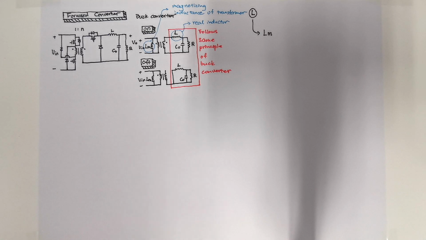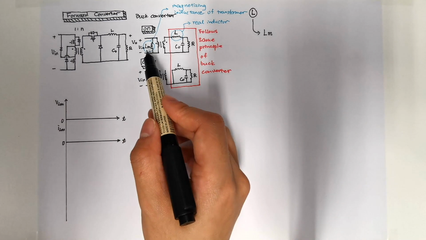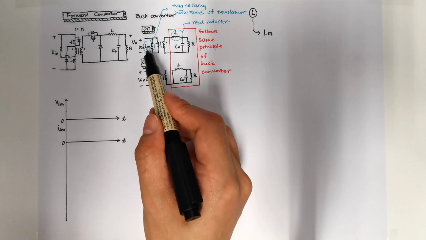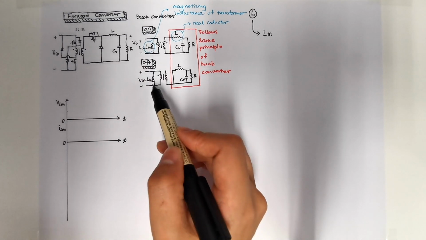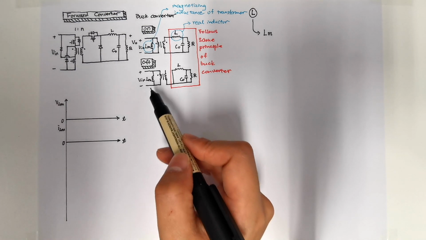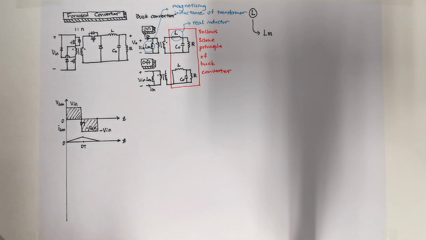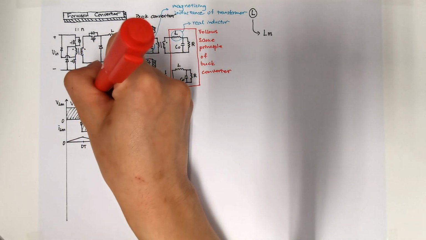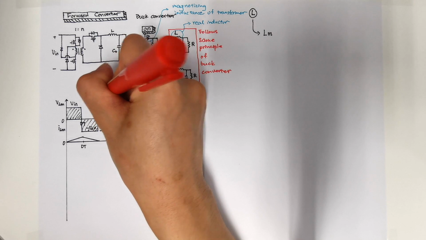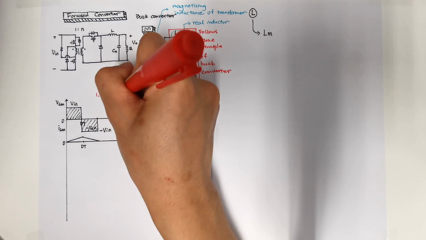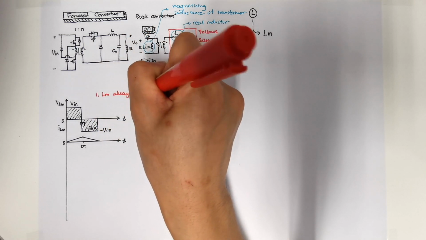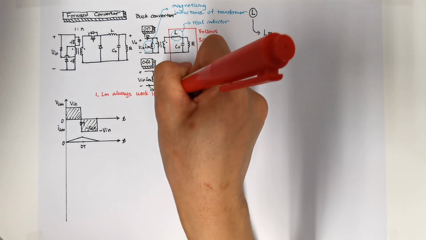So let's plot the Lm waveform together. For the Lm, when the converter works in the on state, the voltage is Vin, and in the off state, the voltage is still Vin. To make sure our energy does not accumulate on our Lm cycle by cycle, there are two very important things in the forward converter. The first thing is our Lm always works in DCM.